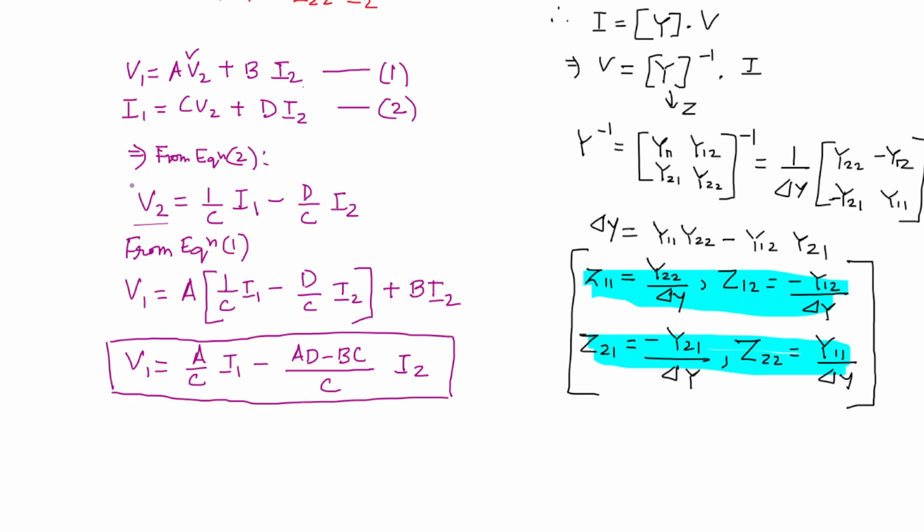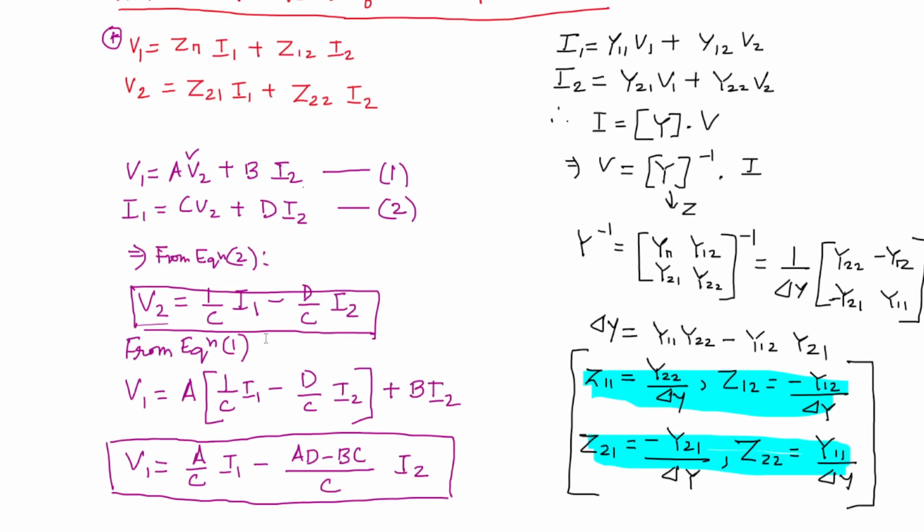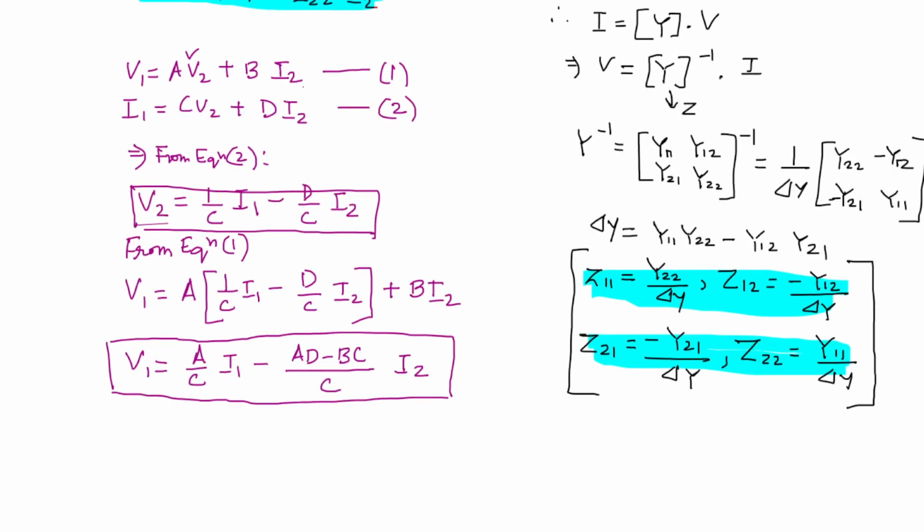So we have one equation is this, V1 is equal to this, and we have another equation is this, V2 is equal to something into I1 plus something into I2. So if you compare these two equations with the parent equations, you will get a relation. So this must be Z11. So Z11 is equal to A by C. This must be Z12, with a negative sign.